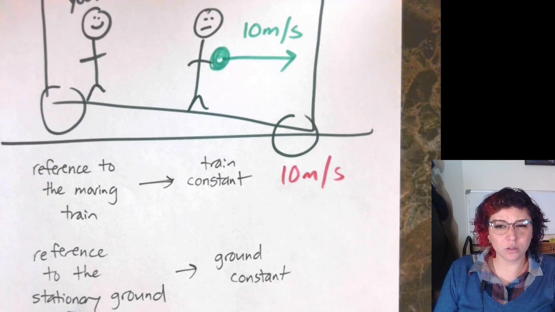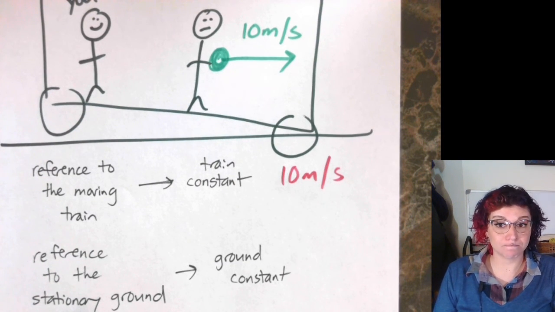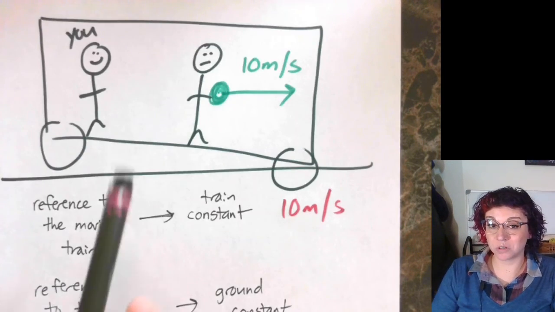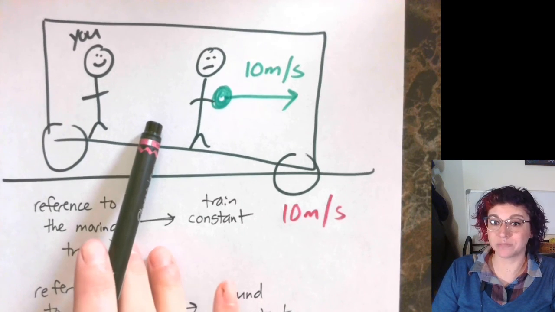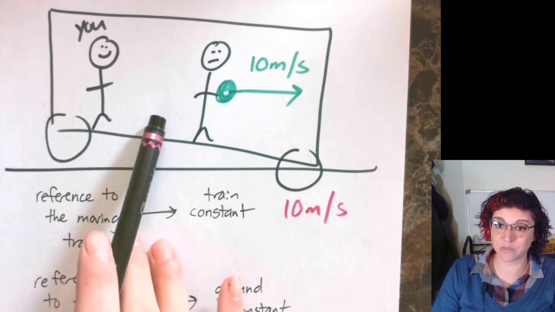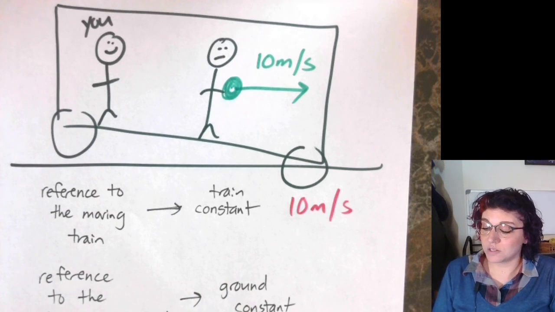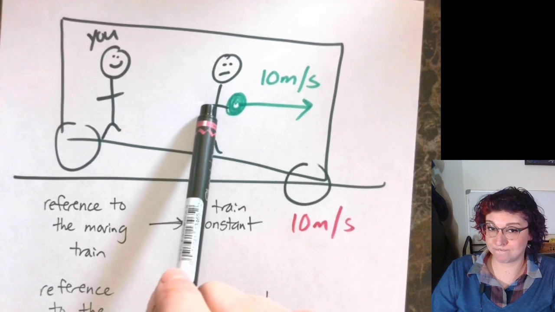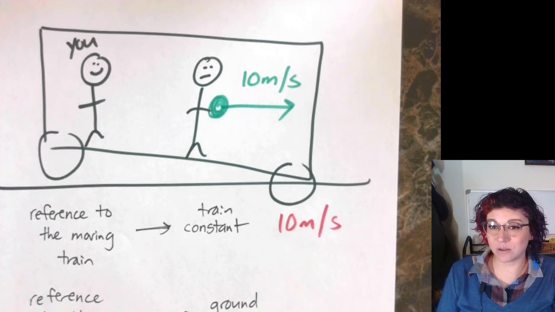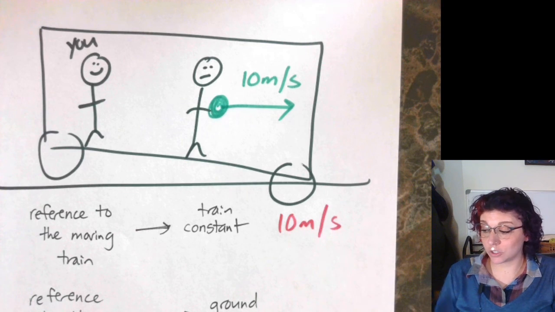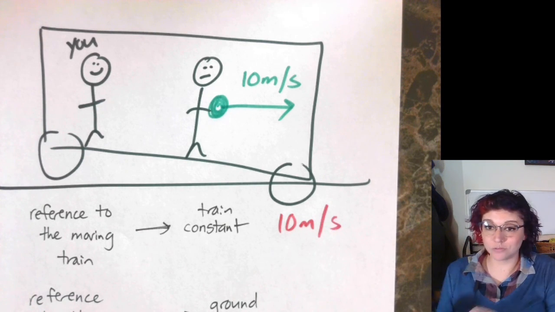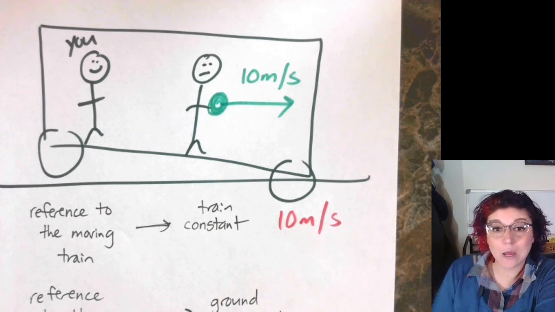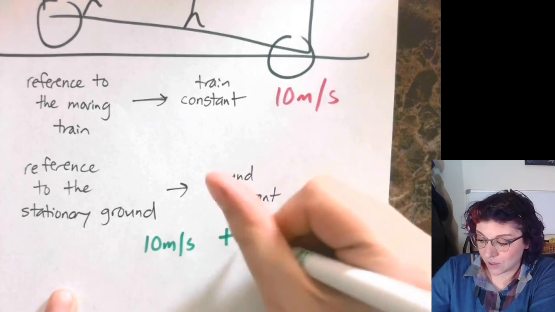But if you're outside the train looking in, the ground is constant, the train is not constant. That train's moving past you, right? If you're standing there, that train is moving past you. So if someone throws an object inside the train and you're outside, you're going to see that ball move at 10 meters per second plus the train speed.